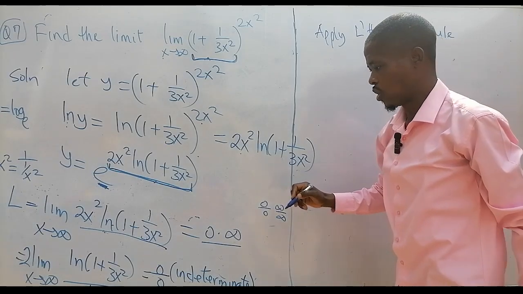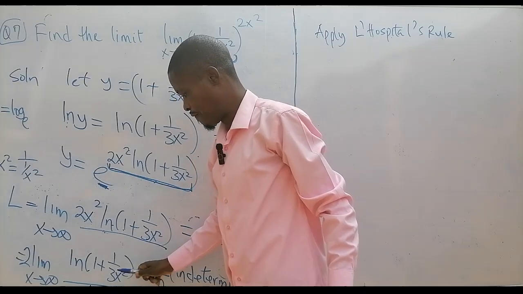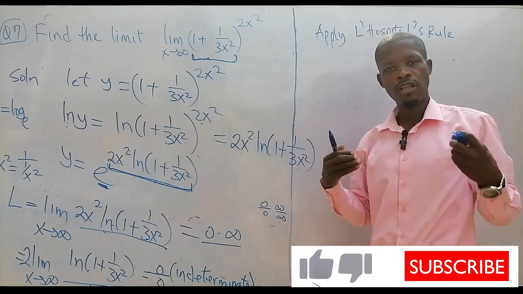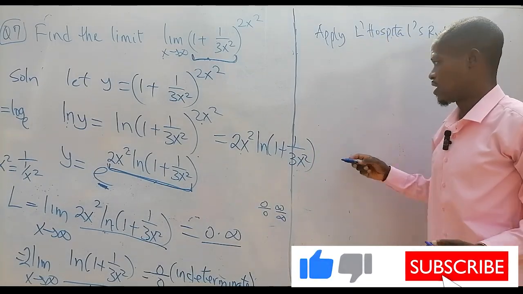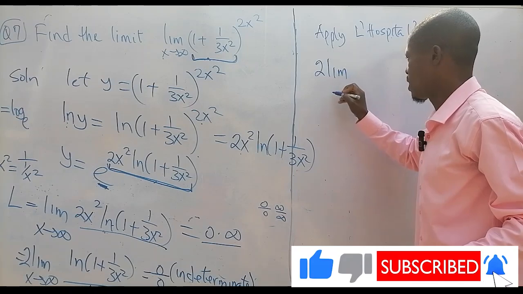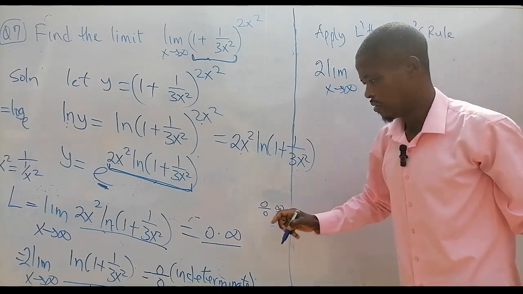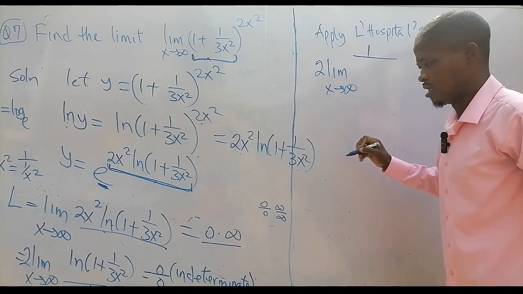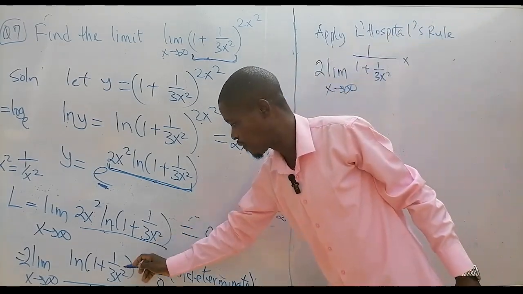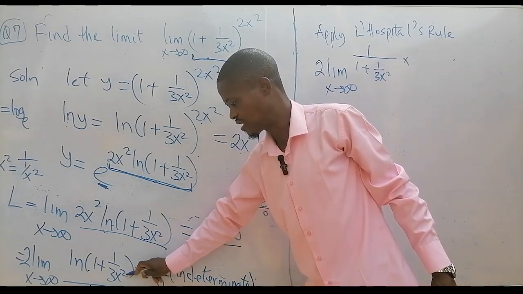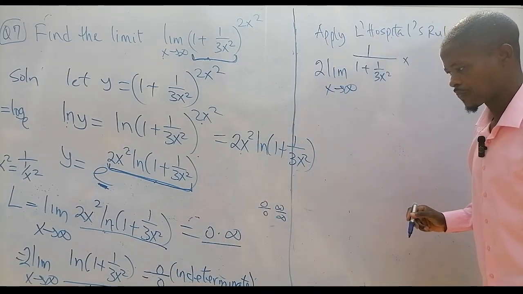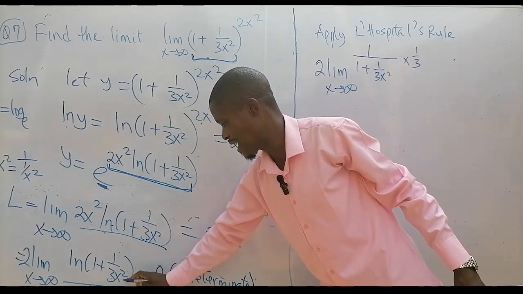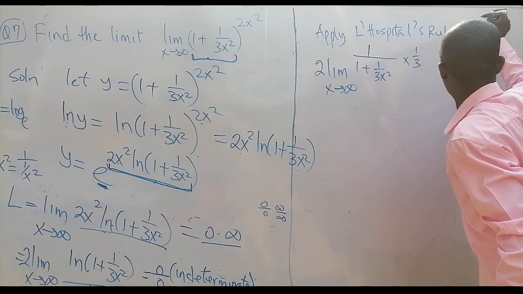What that means is that we go back to our function and differentiate the numerator and differentiate the denominator. That is the meaning of L'Hopital's rule. So that will be equal to 2 times the limit as x tends to infinity. Can you differentiate the numerator? That will be 1 over the function times the derivative of the inner function. I have the constant 1 over 3, and 1 over x squared, which is x to the power minus 2.